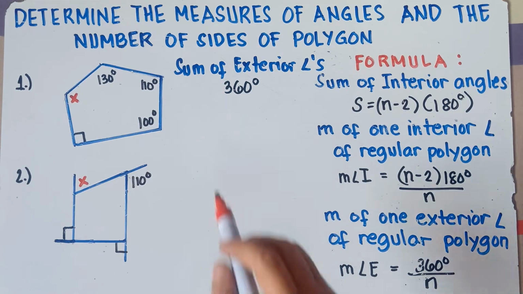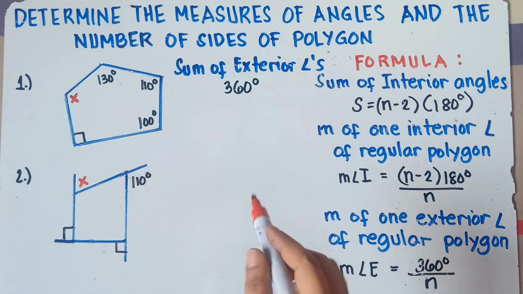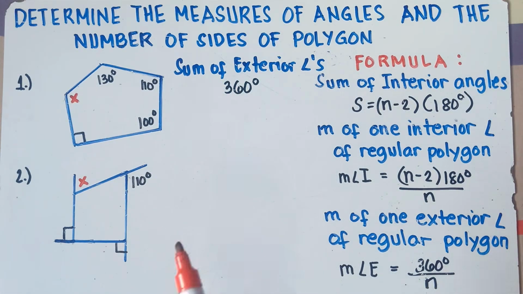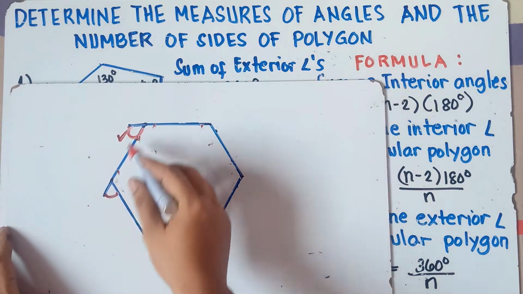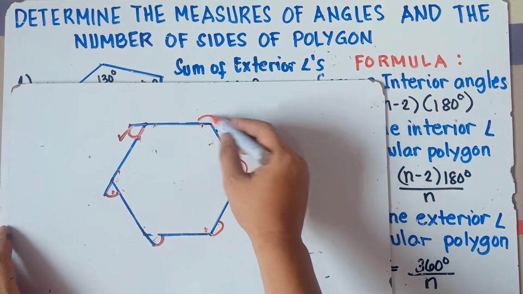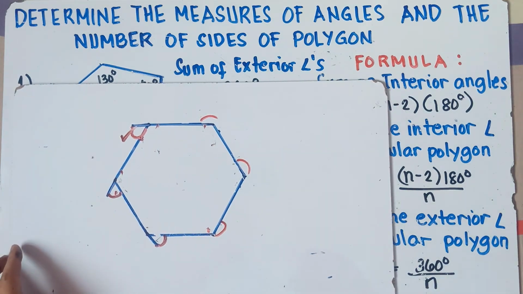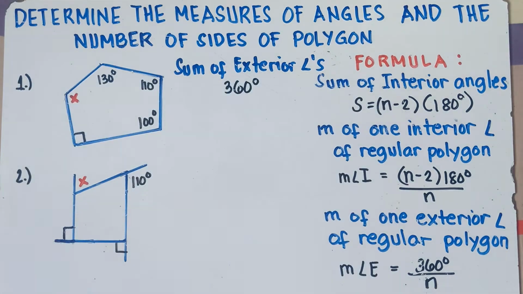And always remember, for the last formula, that the sum of exterior angles is always 360 degrees. If you add these exterior angles, the sum is always 360 degrees, for any kind of polygon.